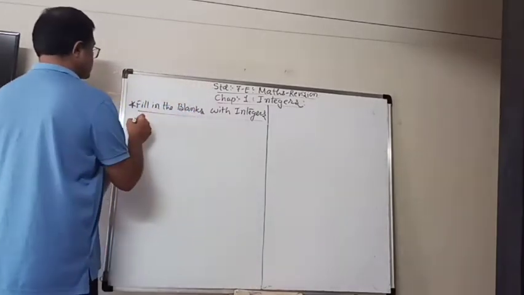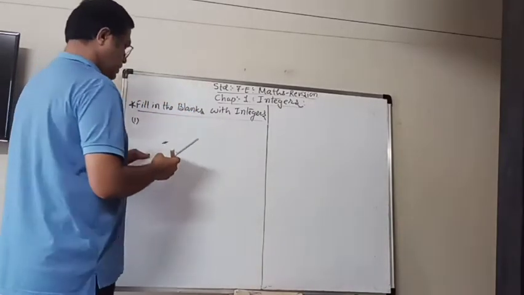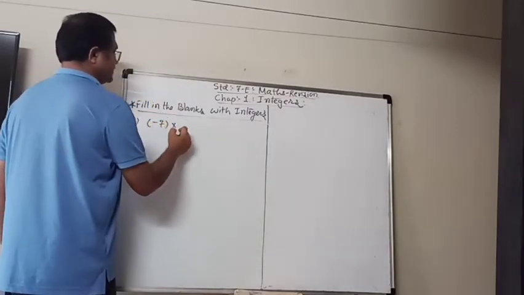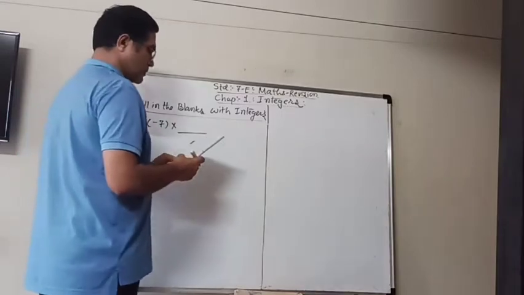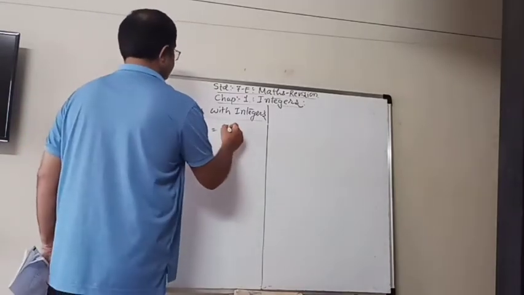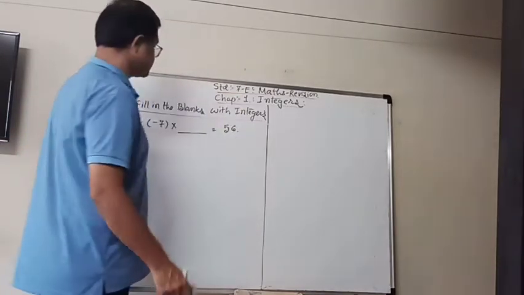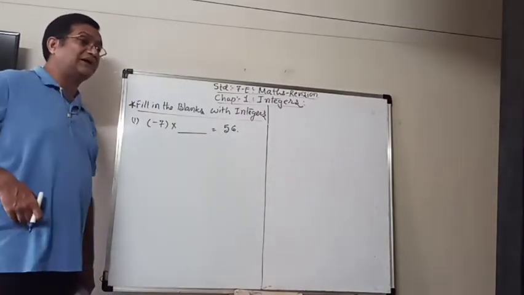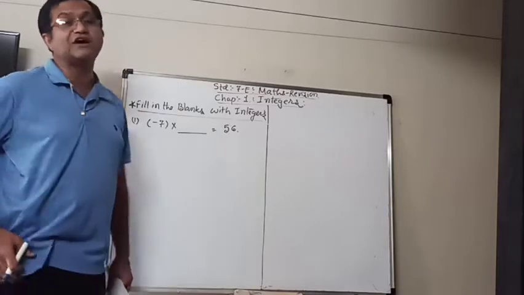Let's take the first one. -7 multiplied by blank is equal to 56. We know that 7 multiplied by 8, 7 8s are 56.